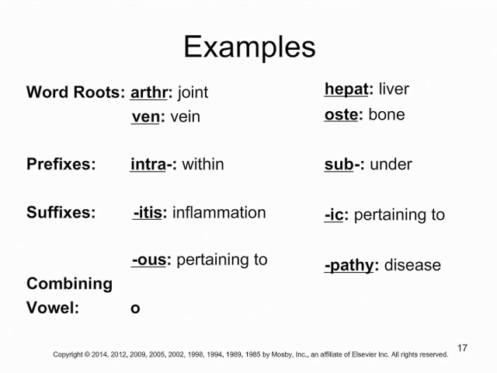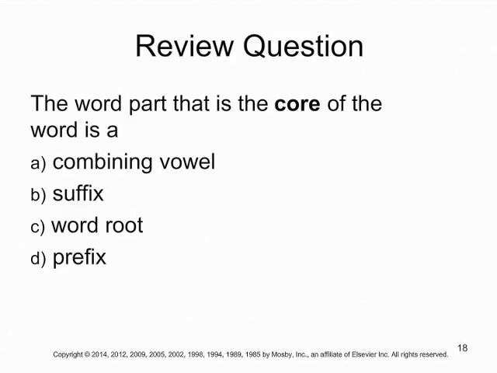And then the combining vowel, usually it's O. We are going to find a number of instances throughout the semester where it is an I, but usually when in doubt, it's an O. So the word part that is the core of a word, the major center or backbone, hopefully you say C, is the word root.